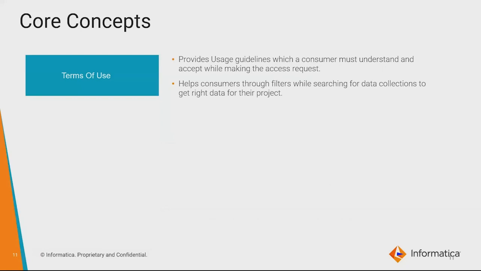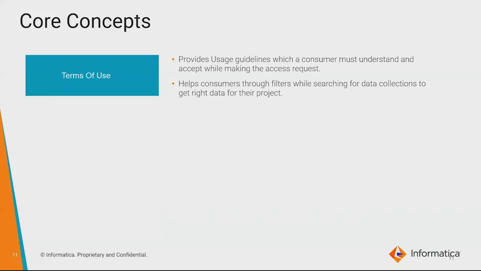And it is also available, as I just mentioned, as a filter when you're searching for data, for example if I'm searching for data which I can use for a specific purpose, or maybe data which is restricted, but I know I'm not going to expose it or share it with a third party. So the definition of terms of use is very important.